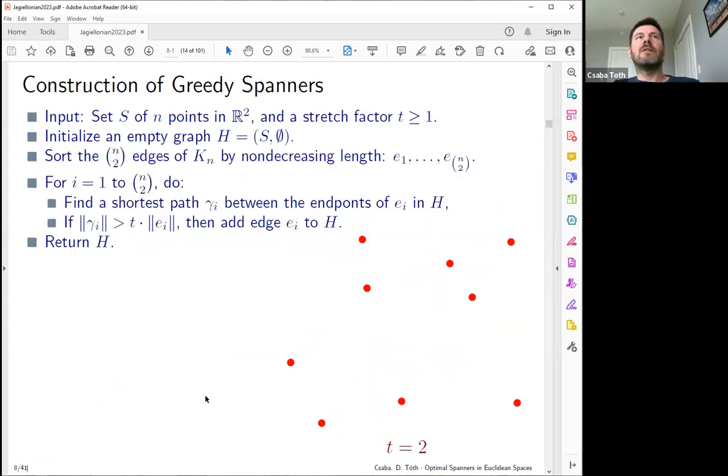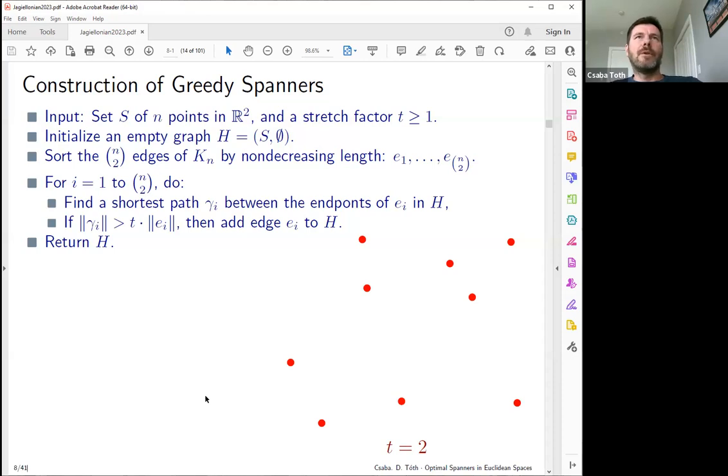So the other classical algorithm I want to show is the greedy algorithm, which is again what you would expect, but if you haven't seen it before, then it's not obvious what the greedy choice is. So again, we are given a set of endpoints and want to build a spanner.